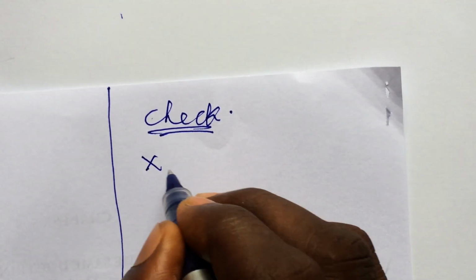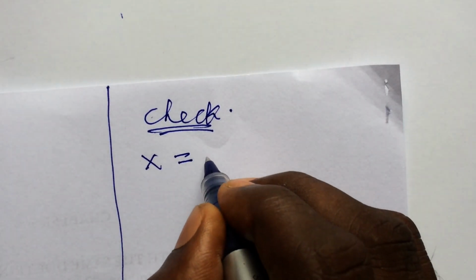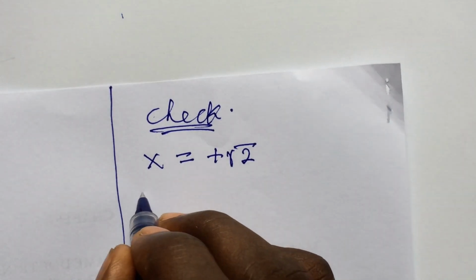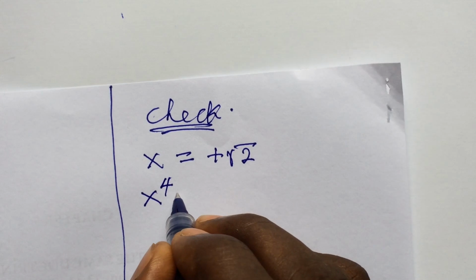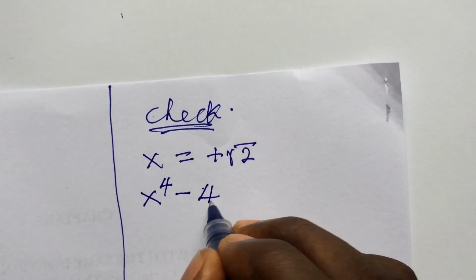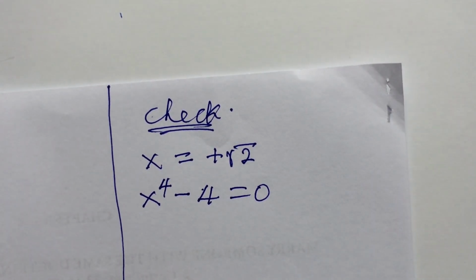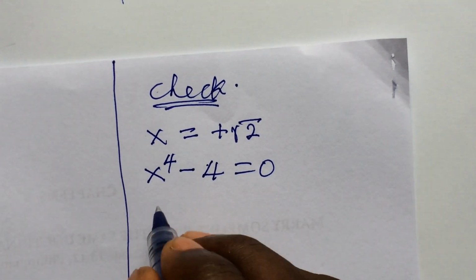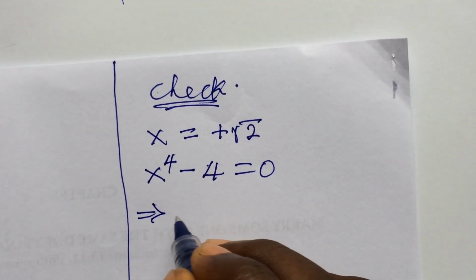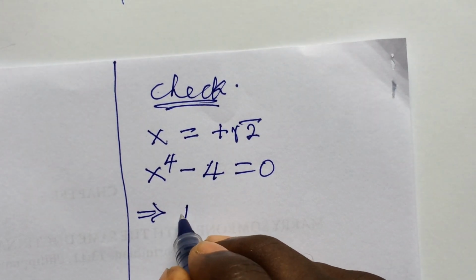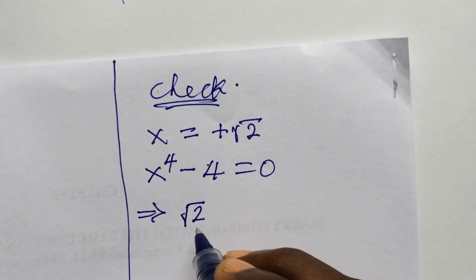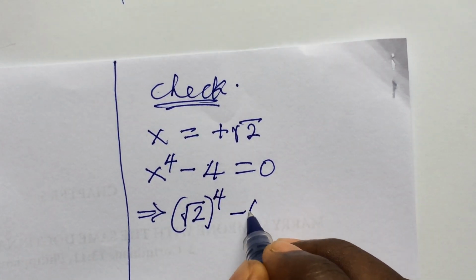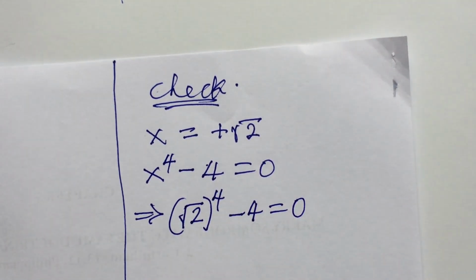So let's check when x is equal to plus root 2. So we bring down our equation, which is x to the power of 4 minus 4 equal to 0. Wherever we see x, we'll put in plus root 2. And so this implies root 2 to the power of 4 minus 4 equal to 0.